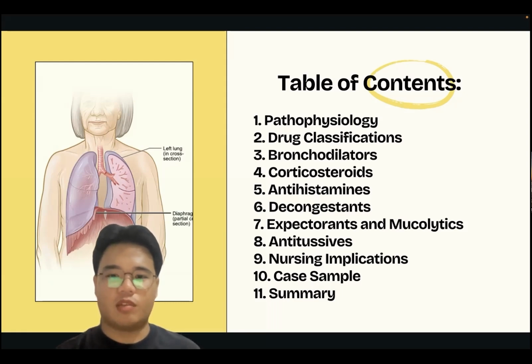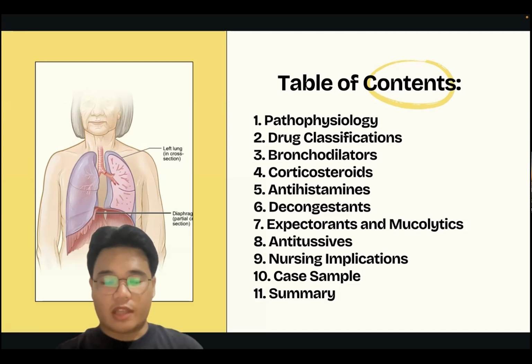First one is pathophysiology, next is drug classifications, next is bronchodilators, and the fourth is corticosteroids, fifth is antihistamines, and the sixth is decongestants, seventh expectorants and mucolytics, and the eighth is antitussives, ninth is nursing implication, then tenth is case sample, and lastly is the summary.